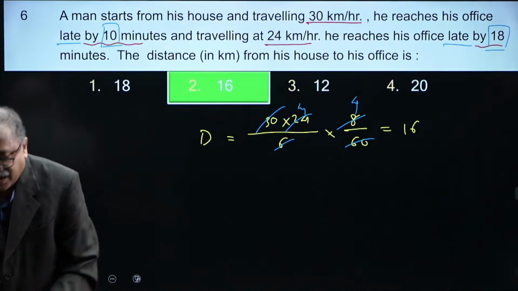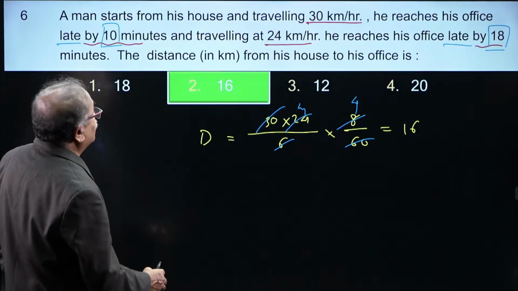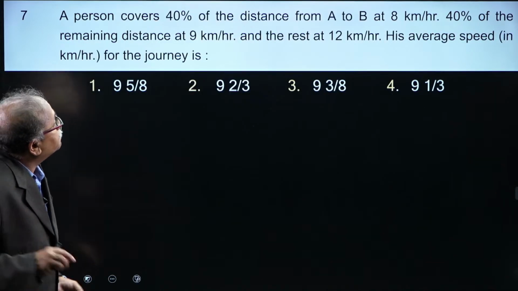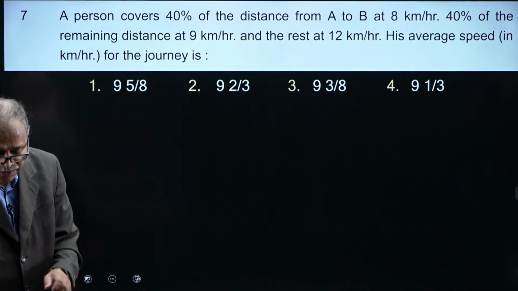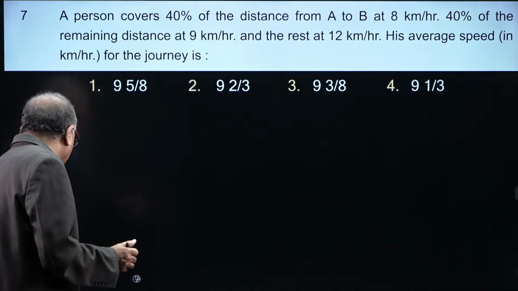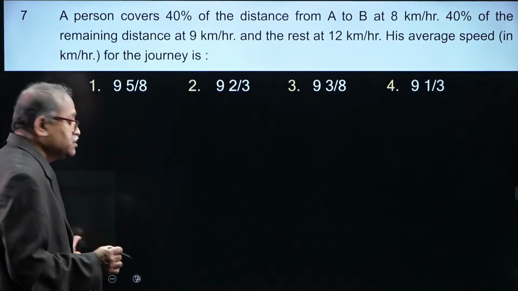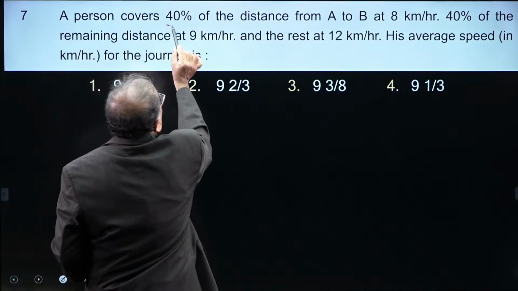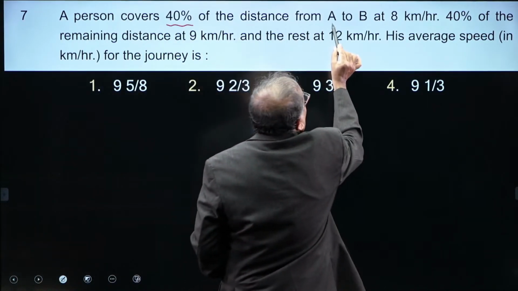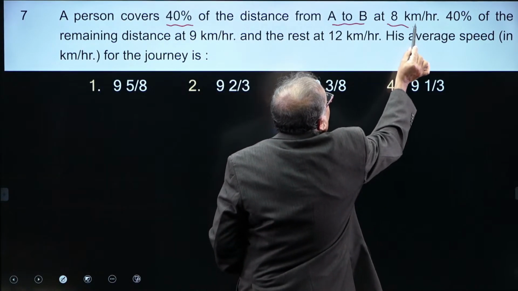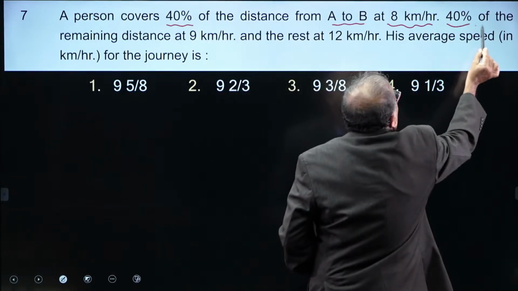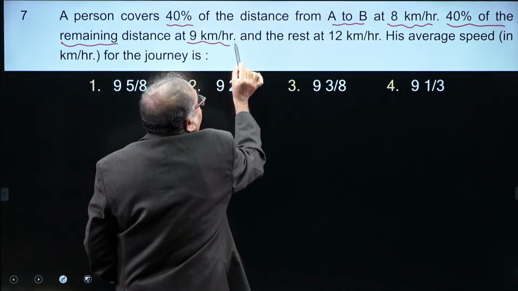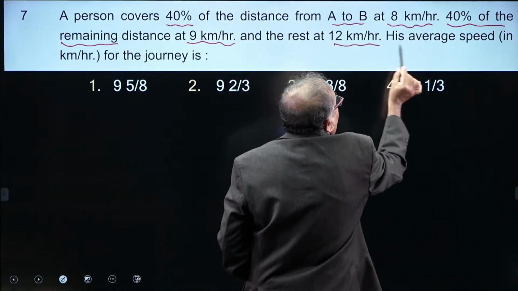So, let me move to the next question, which is this. Okay. After this, I will conclude the class with your permission. A person covers 40% of the distance from A to B at 8 km per hour, 40% of the remaining at 9 km per hour, and the rest at 12 km per hour.